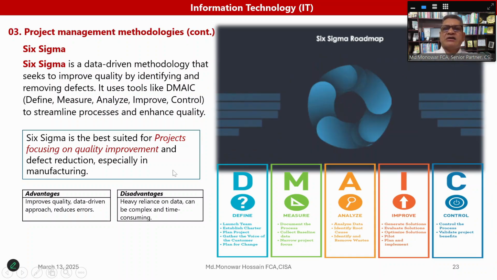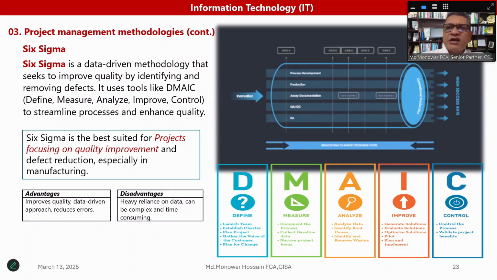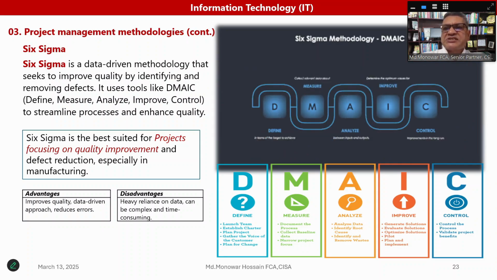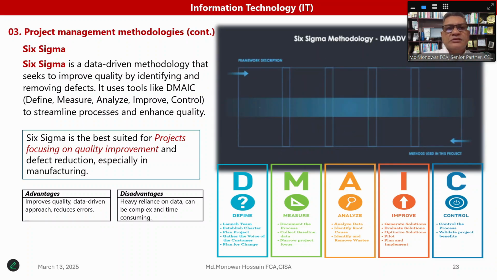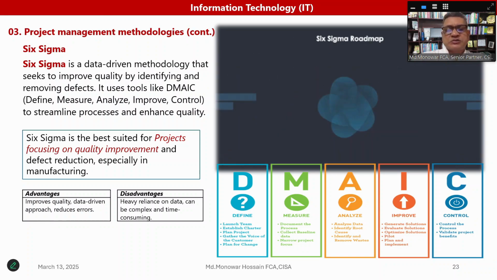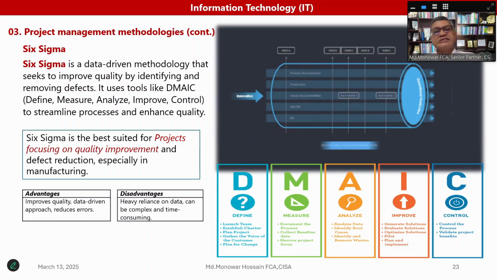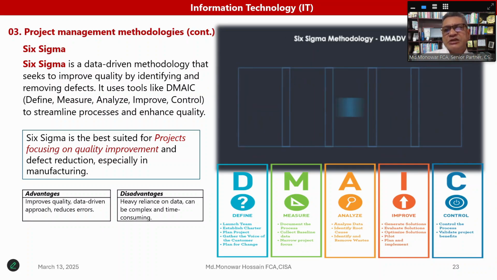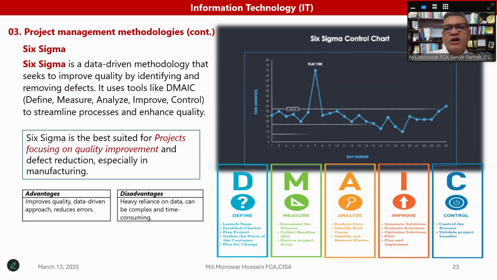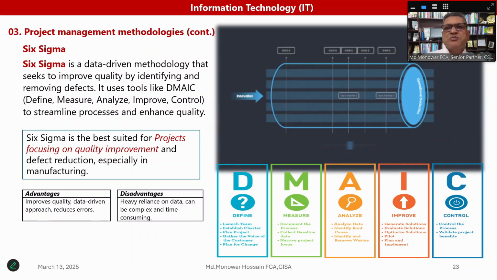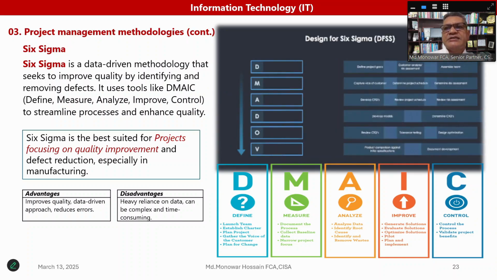So Six Sigma is best for projects focusing on quality improvement and defect reduction, especially in manufacturing. Sometimes service-oriented organizations also use it, for example SGS, which uses it for their textile testing laboratory certification. So Six Sigma focuses on quality improvement, and is a data-driven methodology. They improve the quality and identify removable defects.